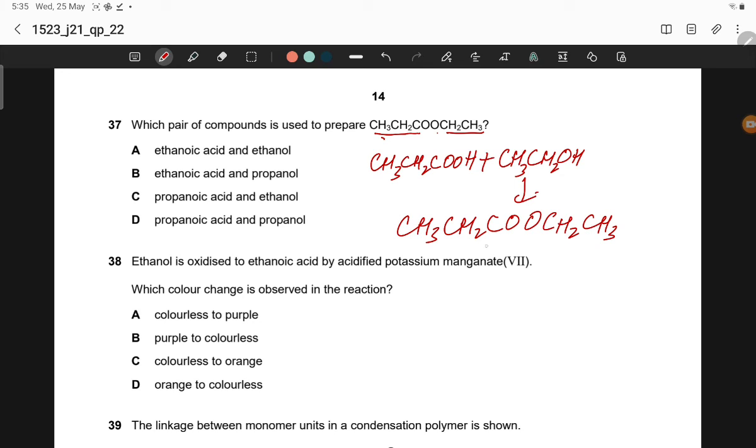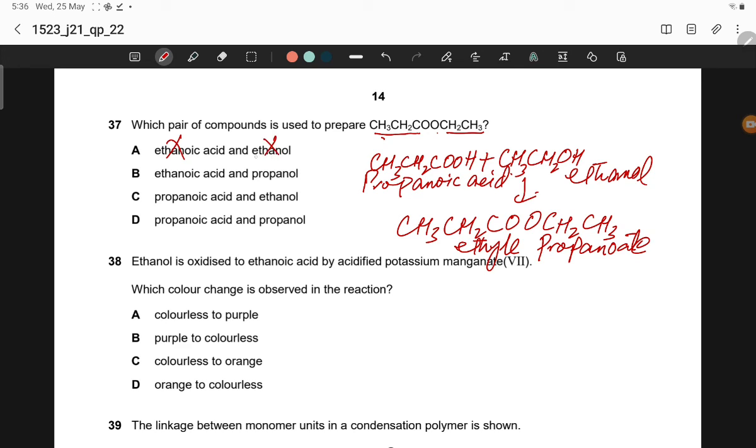So this is ethyl propanoate, and this is ethanol, and this is propanoic acid. Ethanol, and this is not correct. Ethanoic acid and propanol, not correct. Propanoic acid and ethanol, yes, this must be correct.